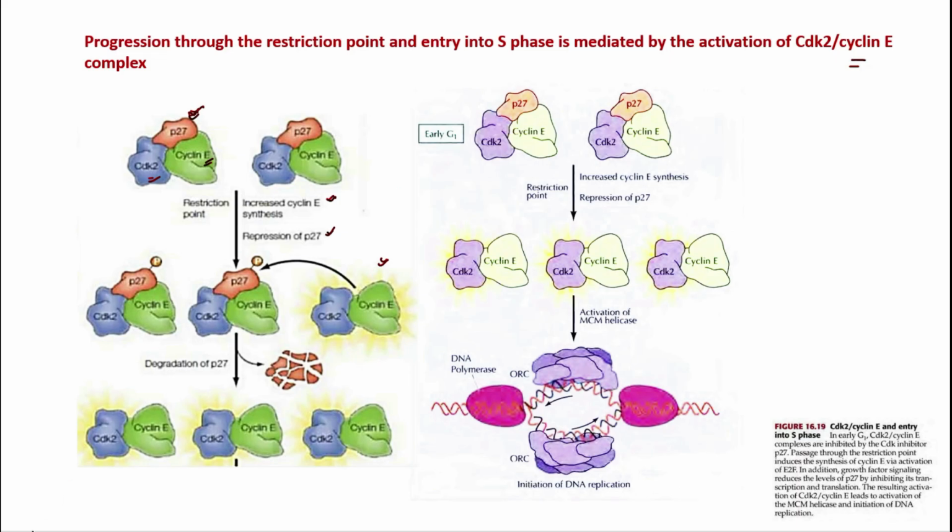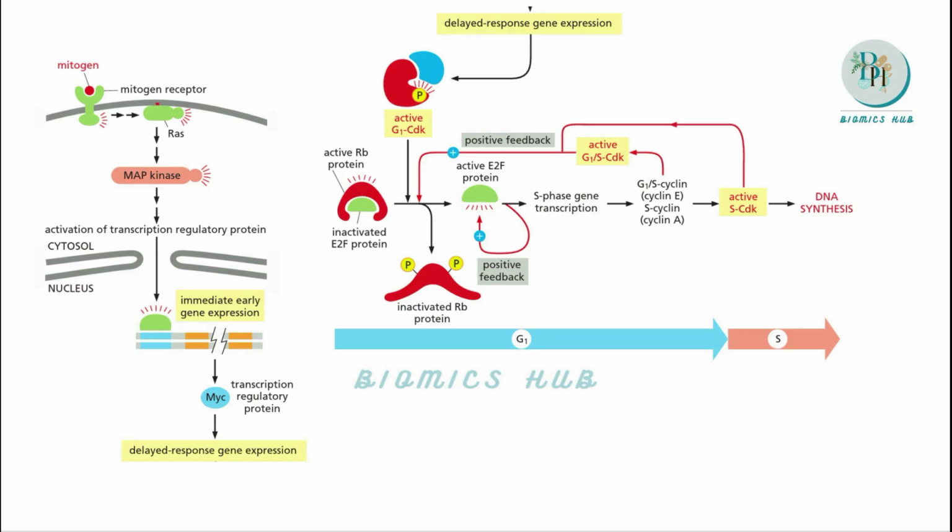Let us see again with this diagram how the G1/S phase transition is taking place. Here we are getting a mitogen, which is a growth factor. It binds with the receptor and activates the RAS-MAP kinase, which enters into the nucleus. There it activates other factors for cyclin D as well as CDK4 and CDK6, forming a complex.